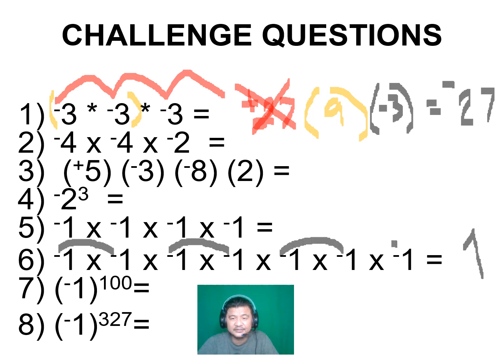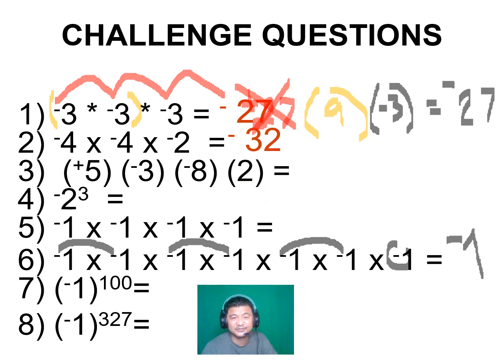Okay, but there's an extra one. All these positive times positive will all be positive, but every time there's an extra, an odd one, that becomes a different sign, because it's positive times a negative, different signs, therefore negative 1. All right? Now, figure out the others, and once you're ready, let's check the answers.